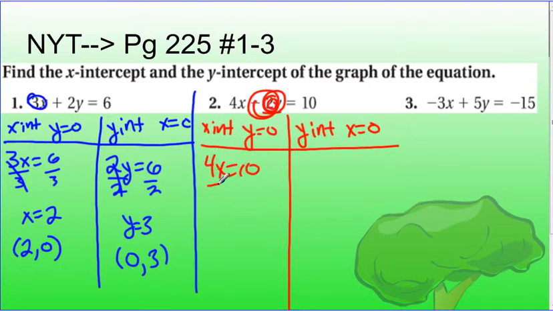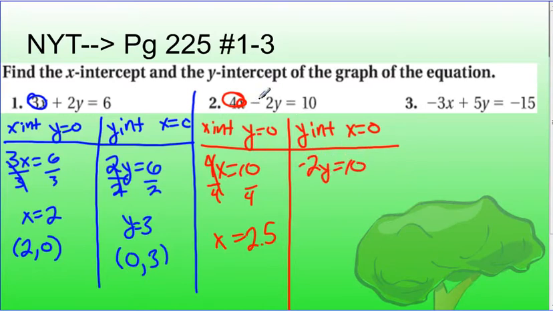Divide by 4, divide by 4, x equals 10 divided by 4, which is 2.5. On the other side, if I plug in 0 for x, 4 times 0 is 0, so this piece is canceled out. I have negative 2y equals 10.